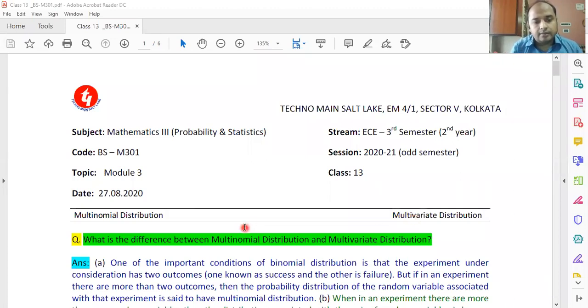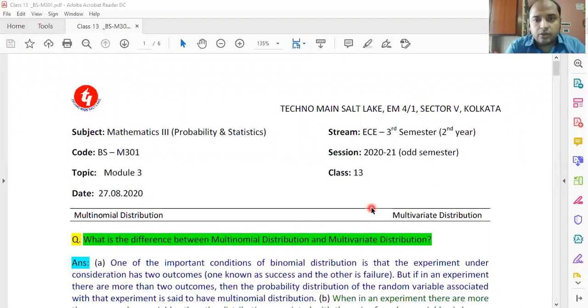Now, I intentionally skipped multinomial in module 1 because I wanted to show the two different entities under the same umbrella. Although the names look very similar, multinomial and multivariate, their meaning is very much different from one another. What multinomial represents, multivariate doesn't represent.